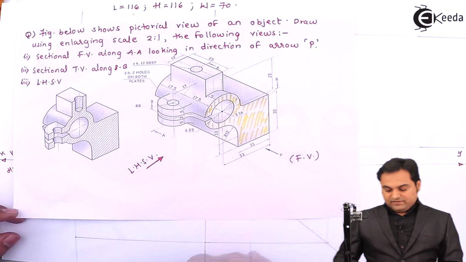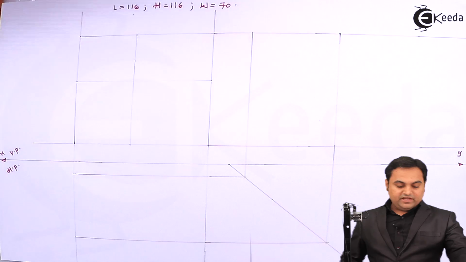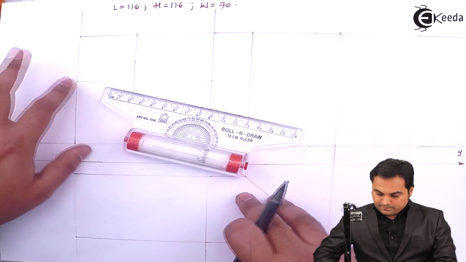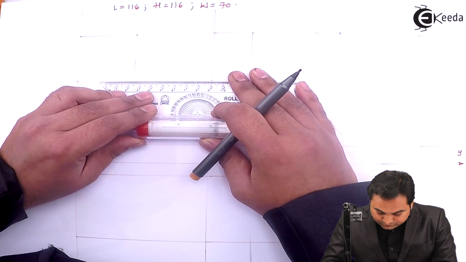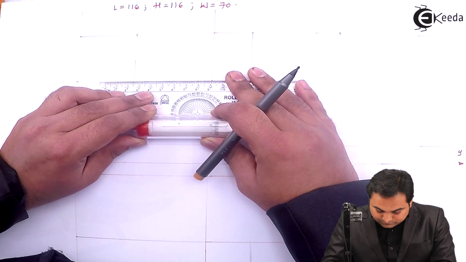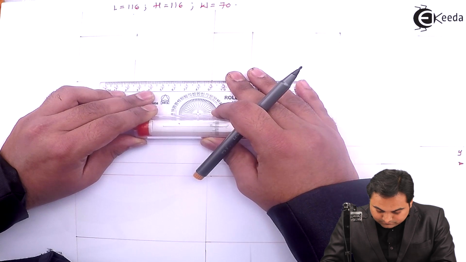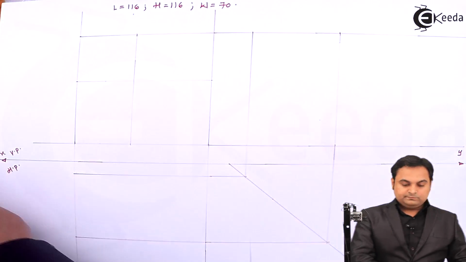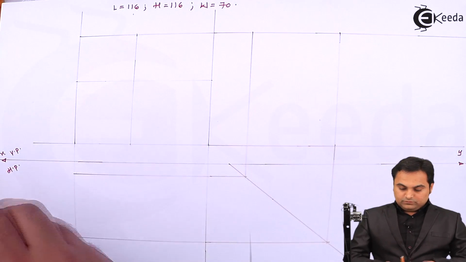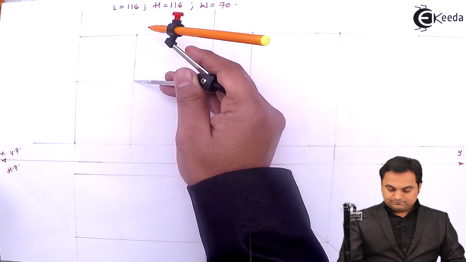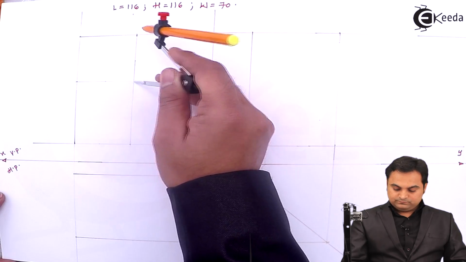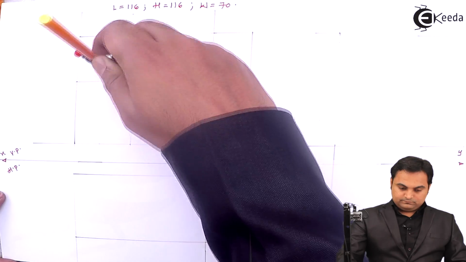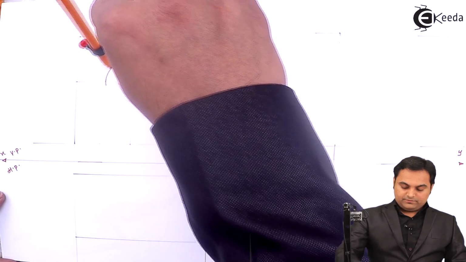Diameter is 25 and we have to double the scale, so that will be 50 so radius becomes 25. Drawing a light circle from here.